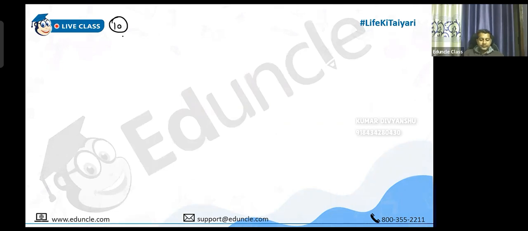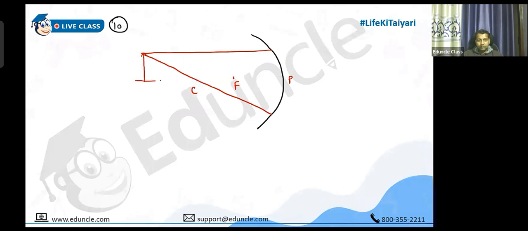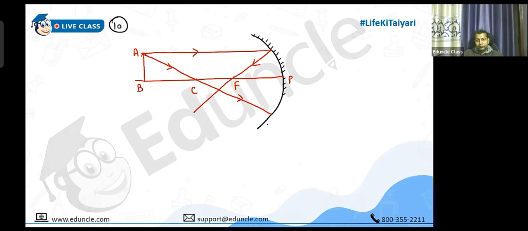Let us discuss the case of a concave mirror first. This is the case of a real image by a concave mirror.